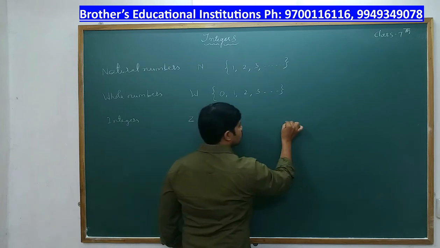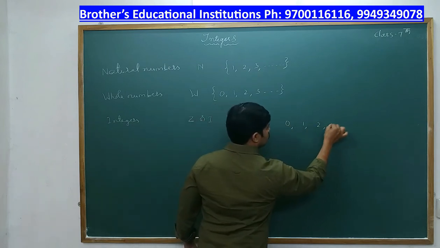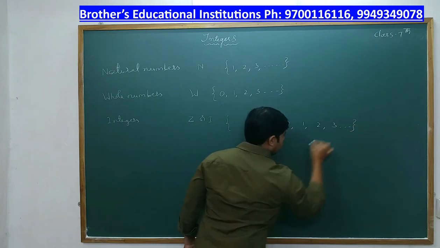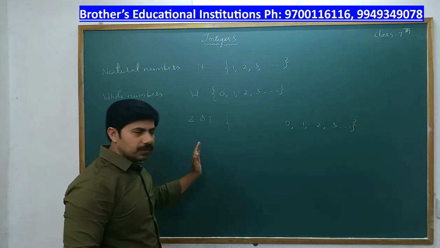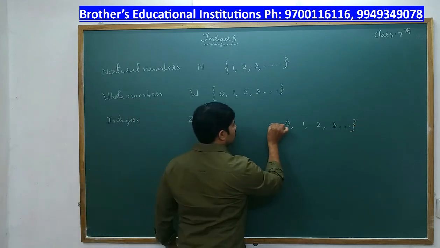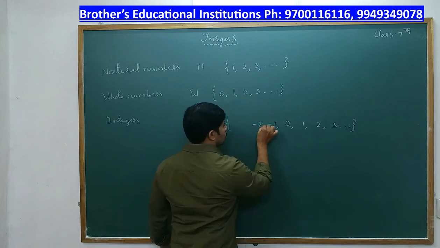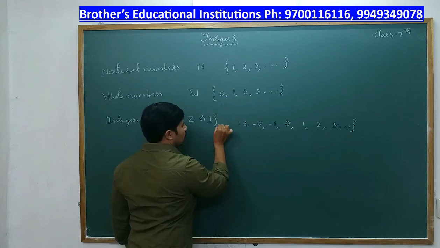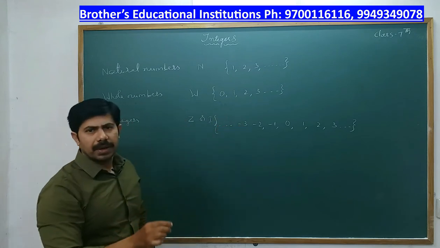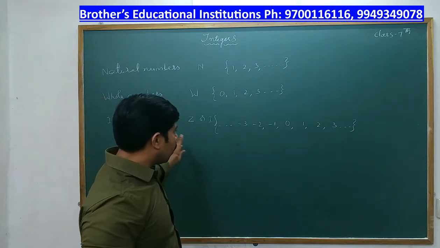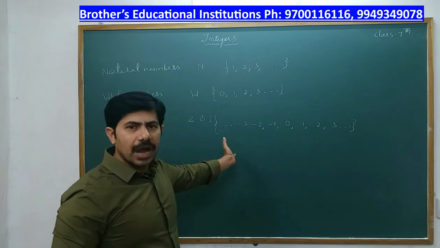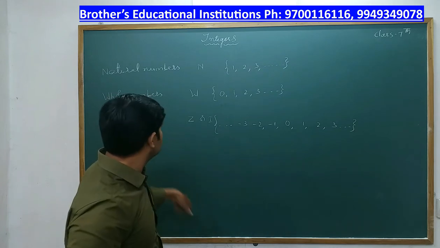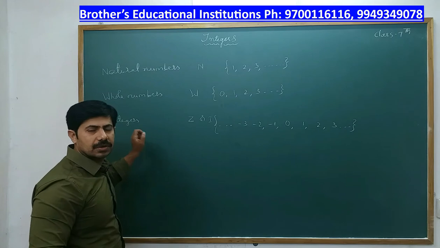We have 0, 1, 2, 3 and so on. Like that, to the left of 0, we also have the numbers -1, -2, -3, -4, -5, -6 and so on. So the combination of negative numbers and whole numbers is nothing but integers. Okay.